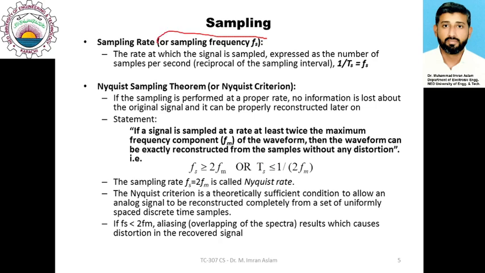Sampling rate or sampling frequency is the frequency of sampling performed during the sampling process, mathematically defined as the reciprocal of the sampling interval. It is generally measured in samples per second, that is, how many samples we collect in a second.